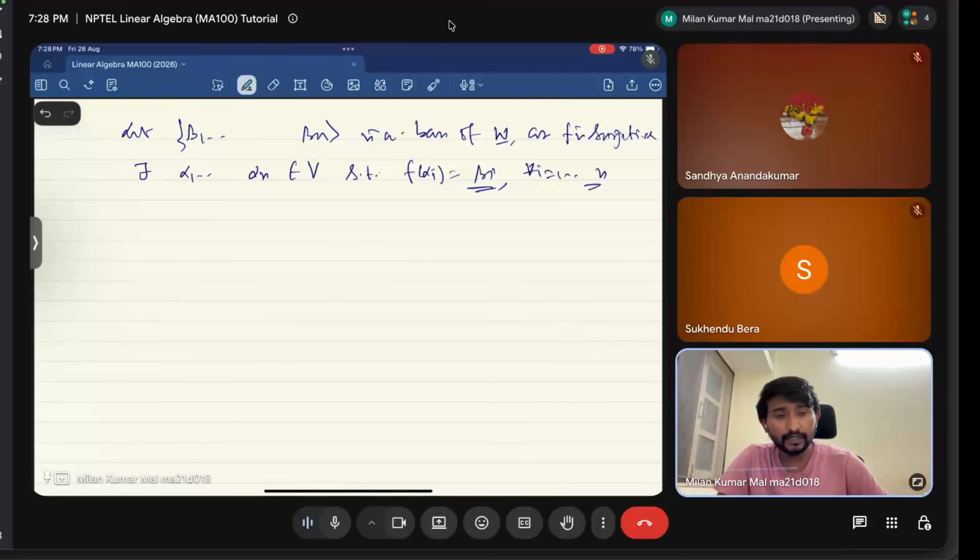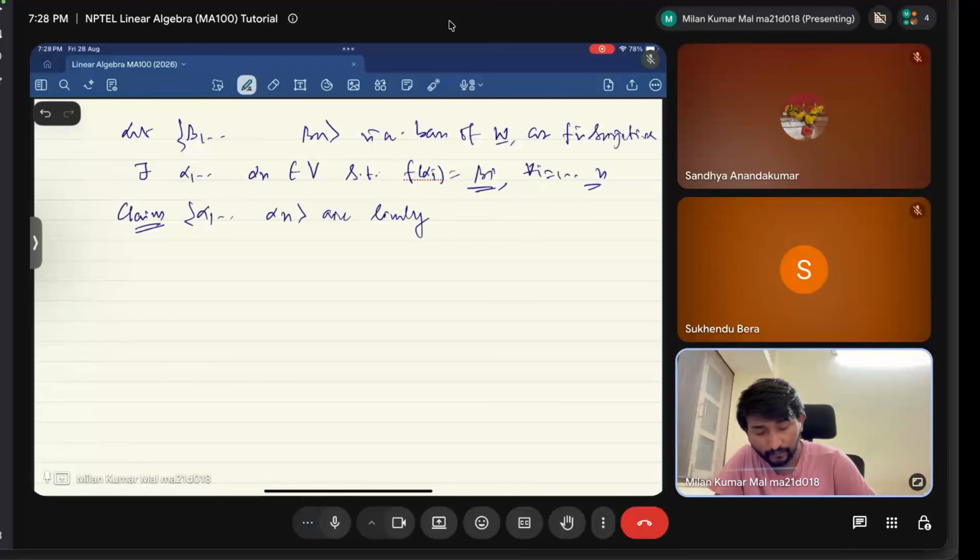Now my claim is that this alpha 1, alpha 2, alpha n are linearly independent. This is what I want to prove. Claim: alpha 1 to alpha n are linearly independent. If not, there exist some C1, C2, Cn, not all of them 0.